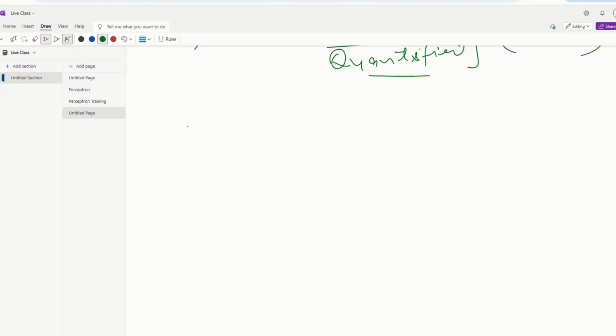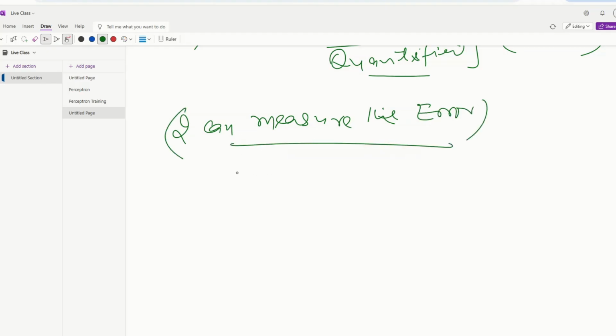So by measuring the distance, I can measure the error by this approach. Which straight line gives you the minimum error, I will consider that the best fit line.